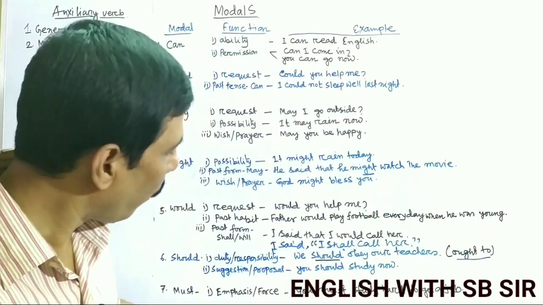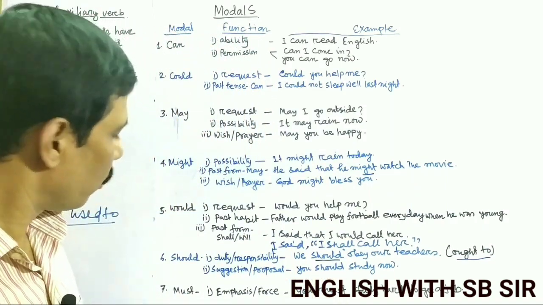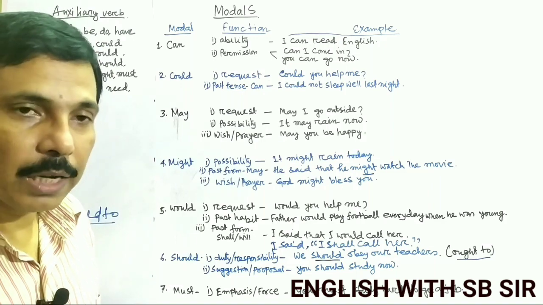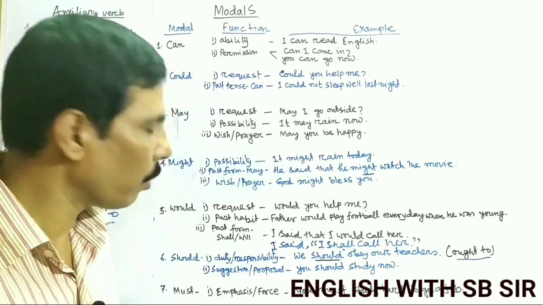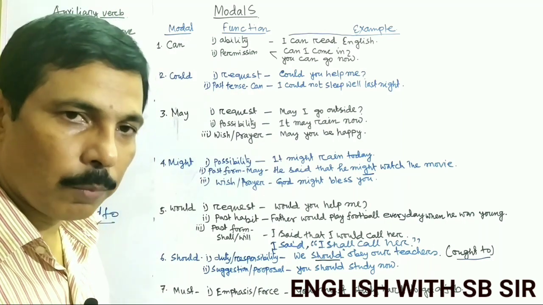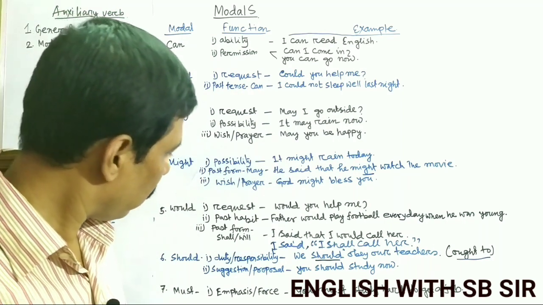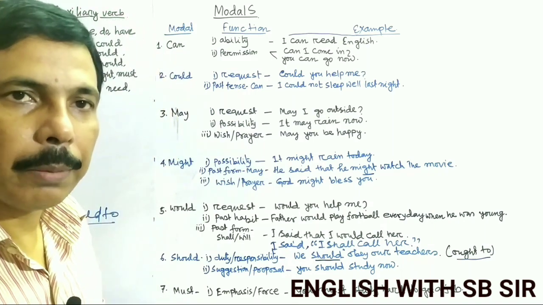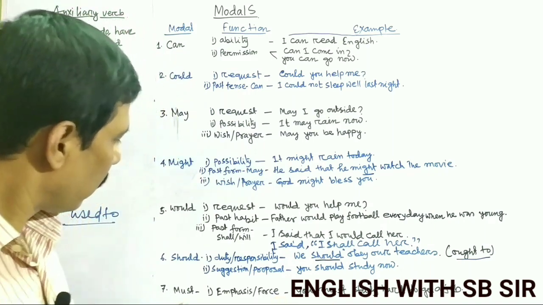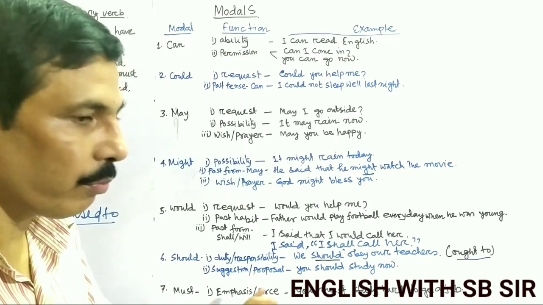That means it's an obligation. So must expression: we must hurry up, or we will miss the train. We must stay home, or we will be ill. So must expresses emphasis or force.